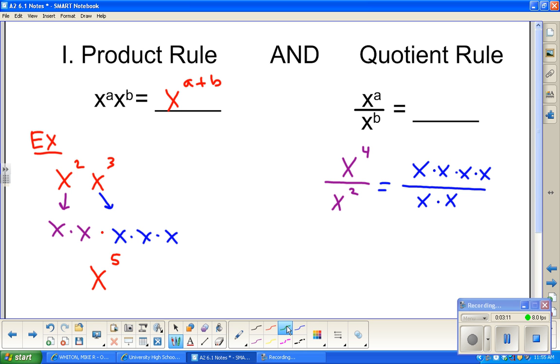And then what happens when we start canceling? We had 2 up top that cancel the 2 on the bottom, because remember anything divided by itself cancels out to be a 1. So we're just left with x squared. And what could we have done with the exponents? Subtract. This is a subtraction: x to the a minus b.